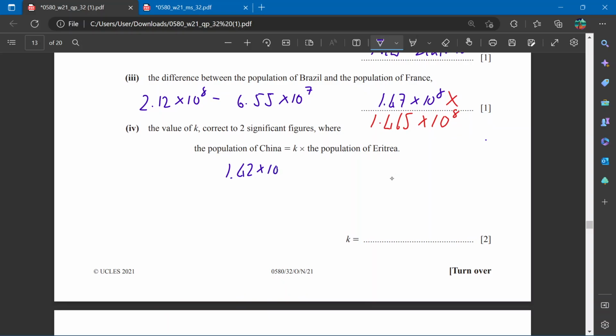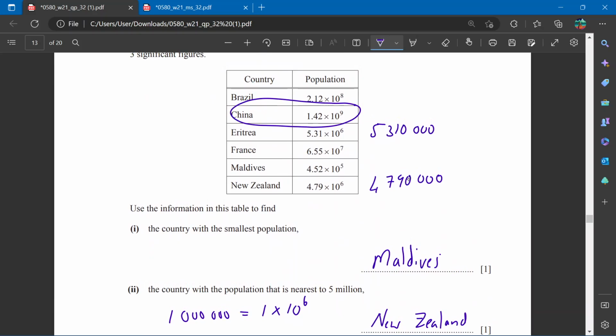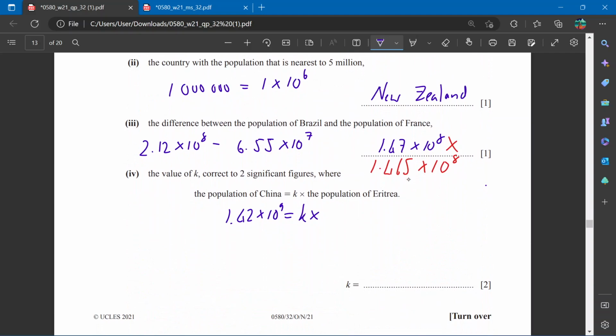Because that's the total population of China. Then they put an equal, then they put a k, then they put a times, and then they wrote the population of Eritrea. So let's write down the population of Eritrea, which is 5.31 times 10 to the power of 6. Okay, so they ask, what is k?